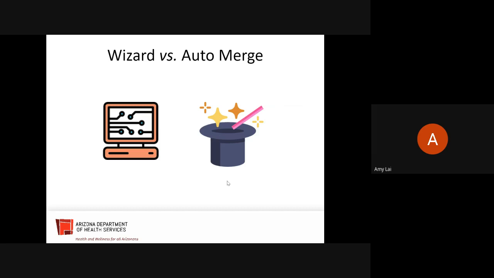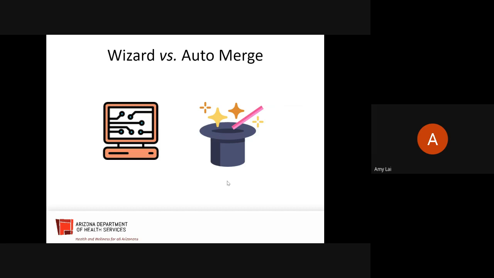So now we kind of go through how MEDSIS, the system, look for eligible merges, eligible person merge, and eligible case merge. Next, we're going to talk about how the system do the merge. So we have two ways. One is what we call wizard. Data merged by the wizard allows users to select data throughout the process.